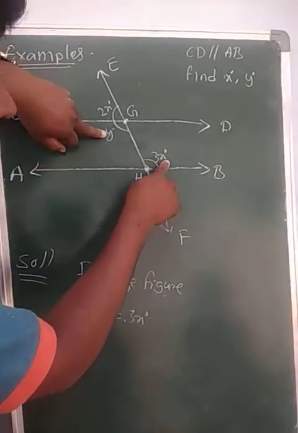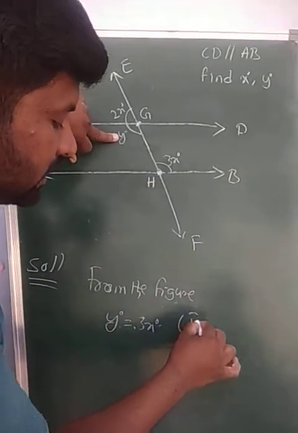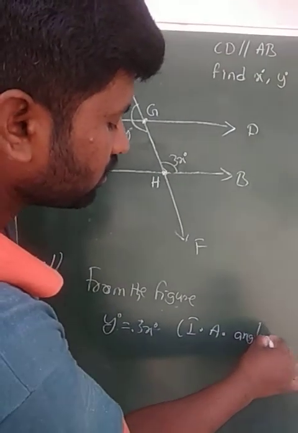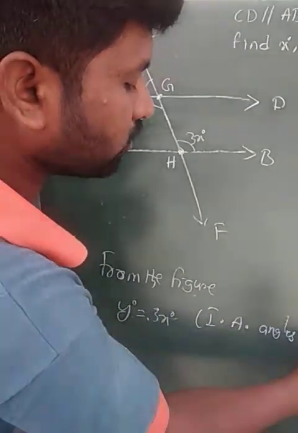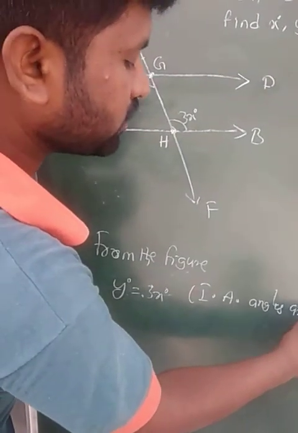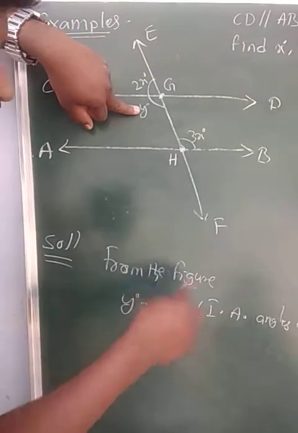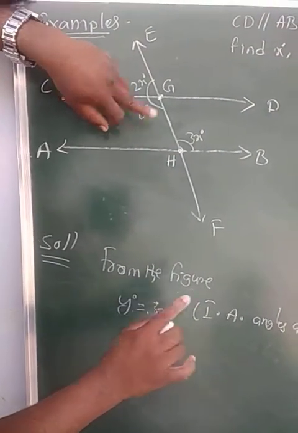Why are these two equal? Because interior alternate angles are equal. That's why y degrees is equal to 3x degrees.